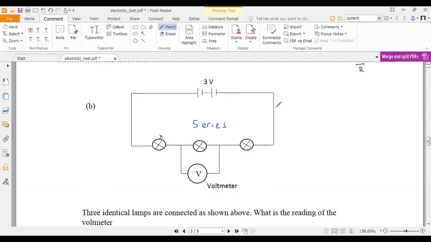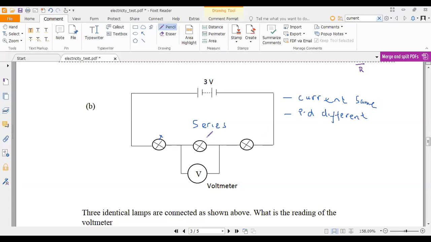When lamps are in series, they all pass the same current. It is only the potential difference, or voltage, which is different. Voltage is different, but current is the same.